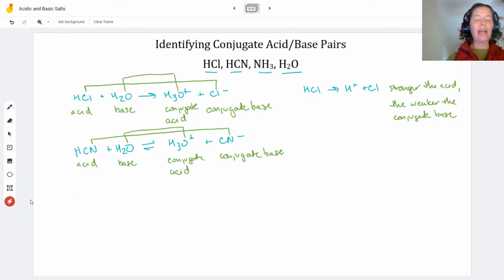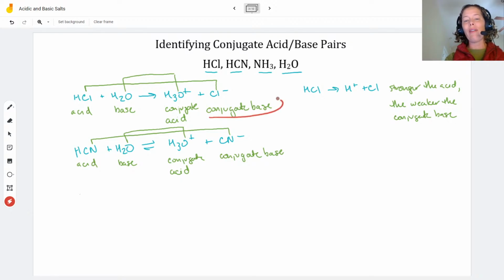So let's take a look back at hydrochloric acid. Hydrochloric acid, of course, we know is a strong acid. This reaction only moves to the right. It does not have a reverse reaction, which means that the chloride anion is not basic enough to take a proton off of anything. It's not going to take a proton off of water. It's not going to take a proton off of anything else.